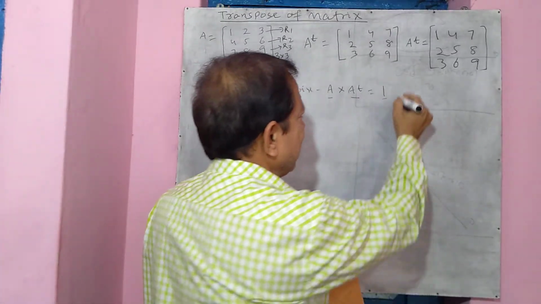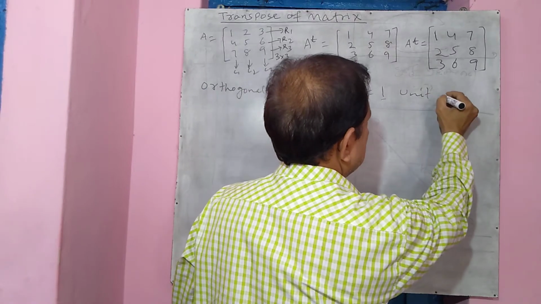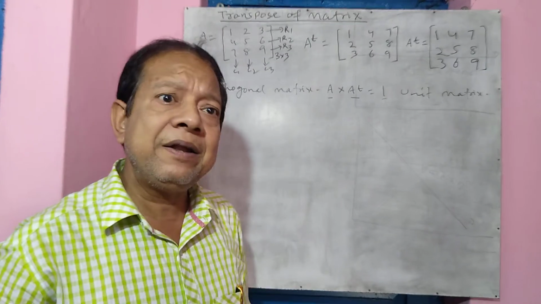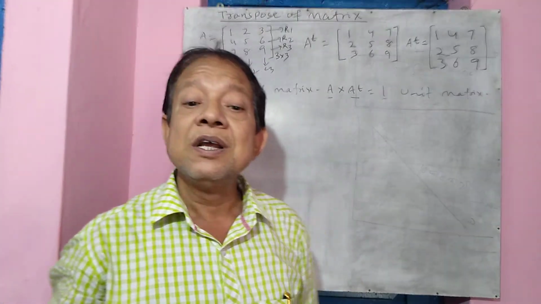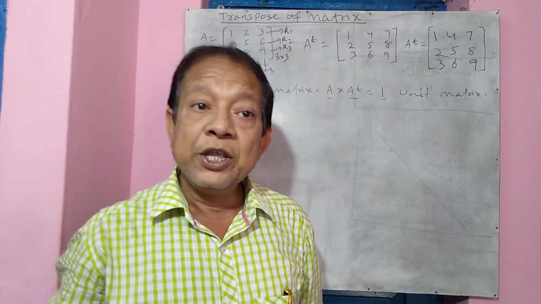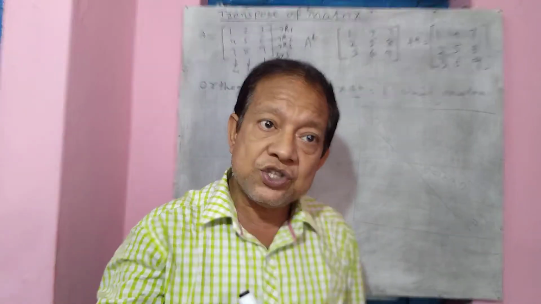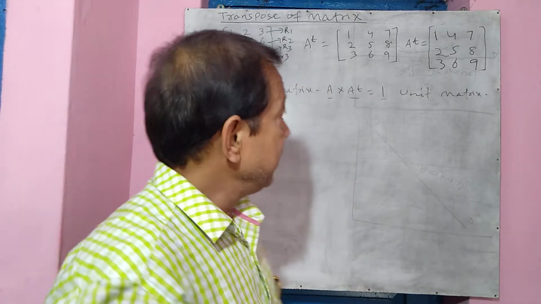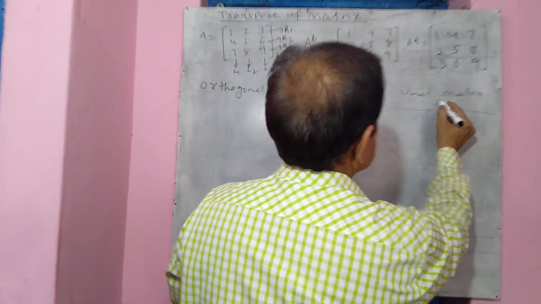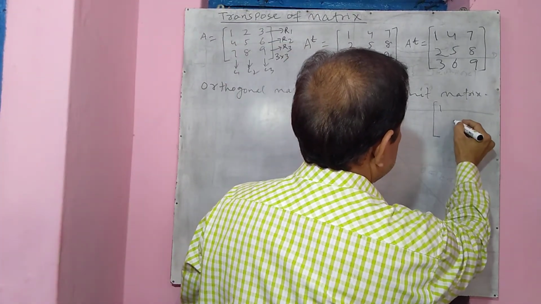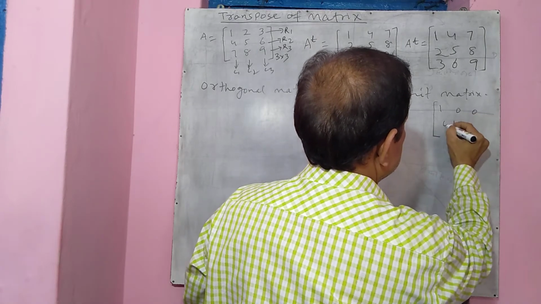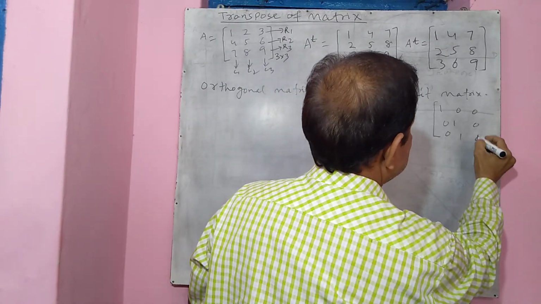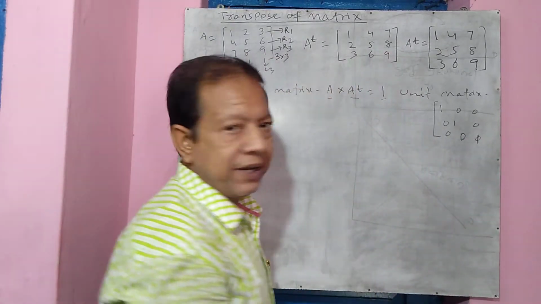1 means what? 1 means unit matrix. Now what is a unit matrix? I have told you in the previous classes. A unit matrix is one in which all the elements of the principal diagonal are 1. If I take a 3 into 3 matrix, I write 1 0 0, 0 1 0, 0 0 1.